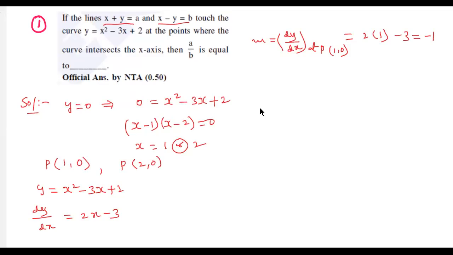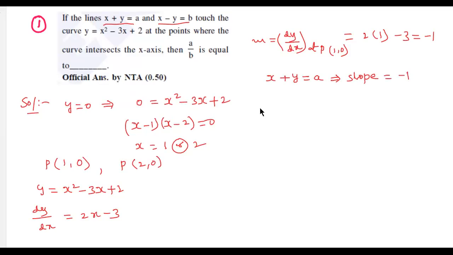One of the lines is touching the curve, that means this is also a tangent. x plus y is equal to a. What is the slope of this line? Slope is equal to minus 1.